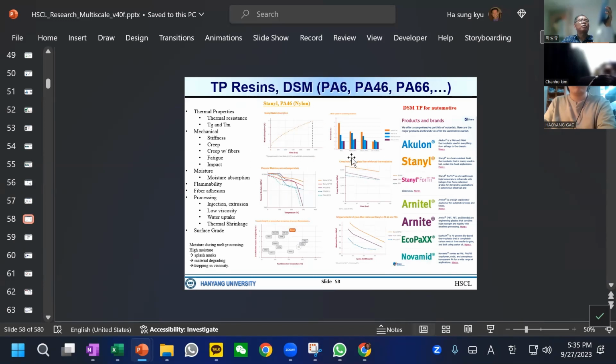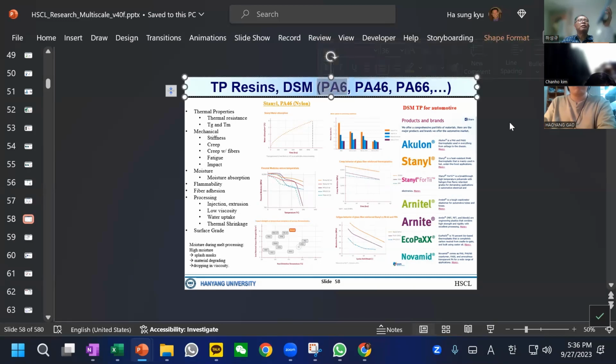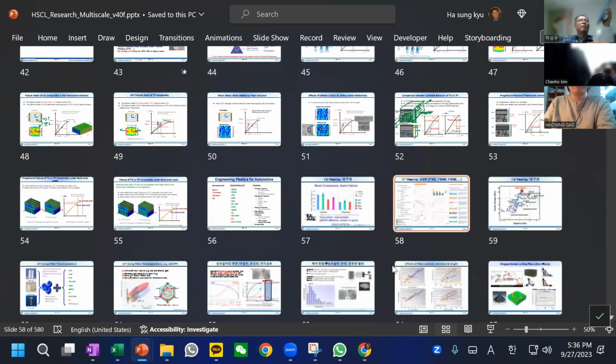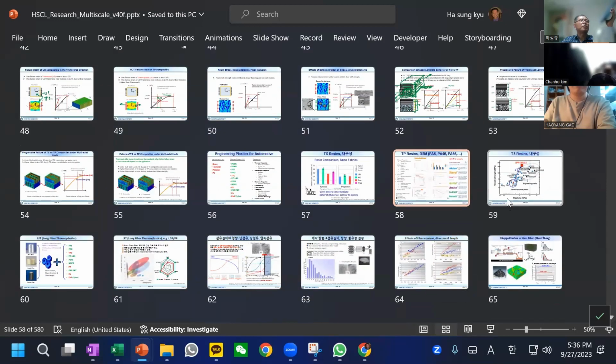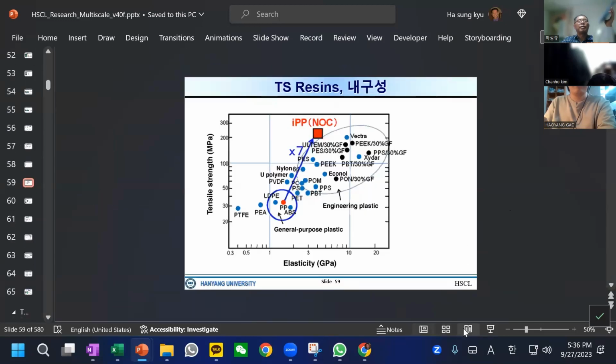But I just want to go through very quickly that the PA6 and PA46, PA66, we have many polyamide plastics. Good thing is this polyamide is the thermoplastic, and there can be very, very different plastics and material property, and you can see that.